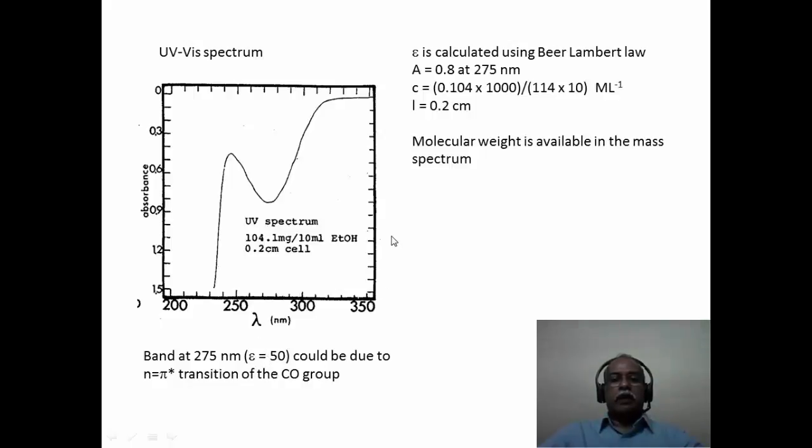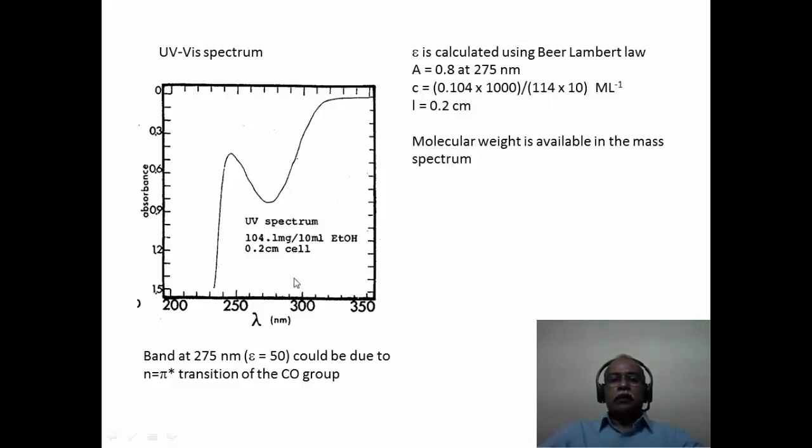How did I calculate the epsilon of 50? The concentration is given as 104.1 milligram per 10 ml, which would correspond to 0.14 gram per 10 ml. So moles per liter is calculated as 104 milligram multiplied by 1000, that is for the liter, divided by the molecular weight. The molecular weight is given in the mass spectrum of this compound, so we know the molecular weight of this compound.